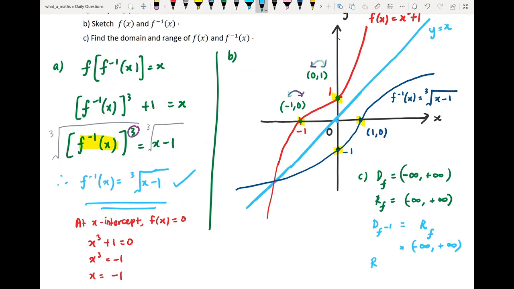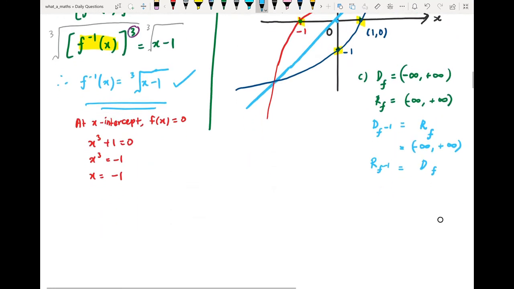And lastly, the range of f inverse: when I reflect my f inverse, it becomes the function f. Range refers to the value of y. When it is reflected, it will become my values of x. So x is my domain. The domain of f over here is negative infinity to positive infinity.